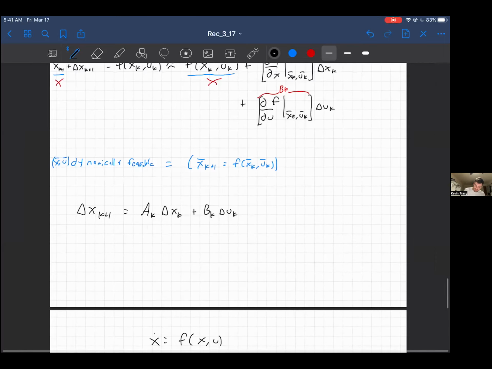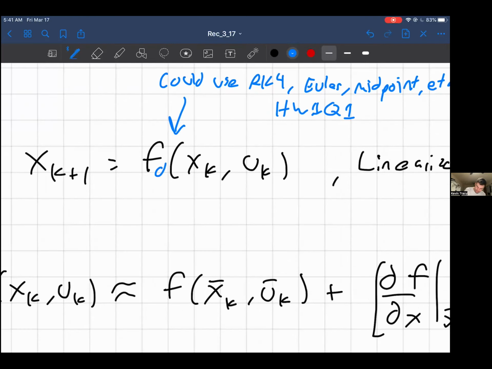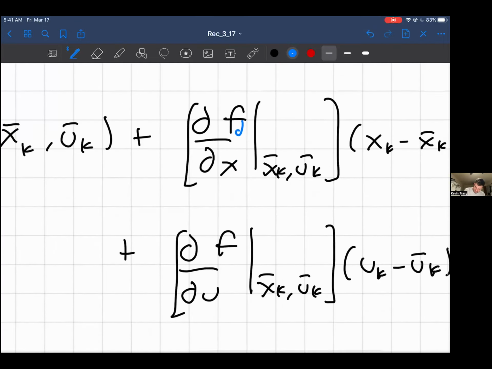So actually, I'm going to make a distinction here so this is not confusing. I'm going to call this thing D. This is my discrete time dynamics. I don't want to overuse F to confuse people.